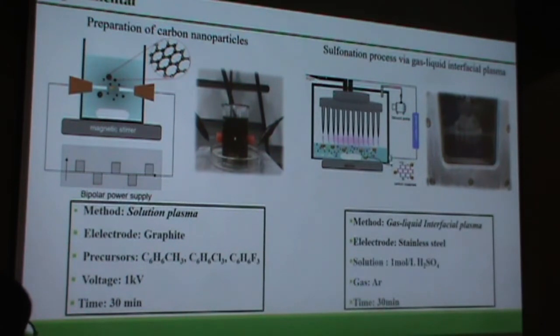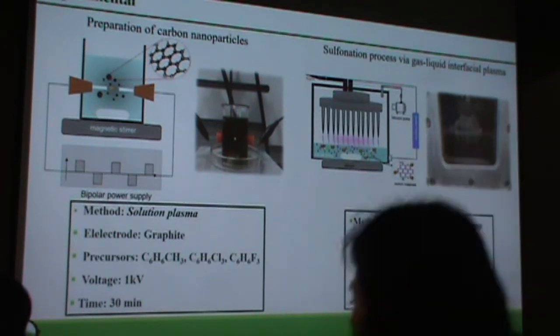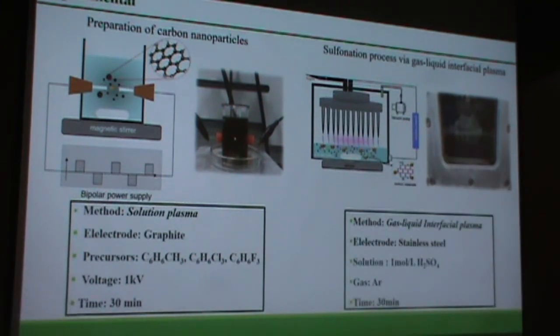In the typical sulfonation process, concentrated sulfuric acid was always used, 90% or 98%. But in this work, we use 1 mole per liter sulfuric acid as the solvent. And this process is also highly efficient because it can be finished within 30 minutes.